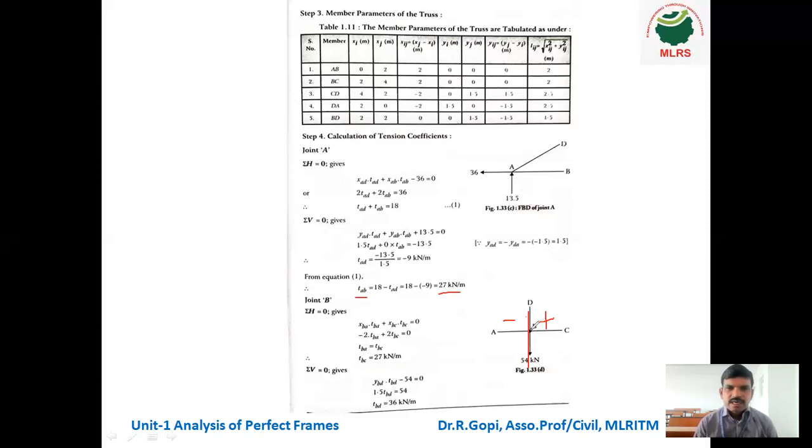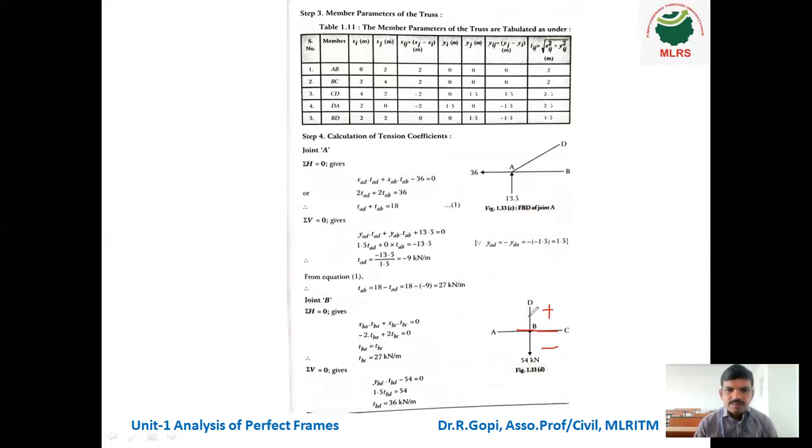So one is YBD, TBD. You can see here, this is plus and this is minus. So YBD, TBD. Next one, point load is acting. It is acting downward. So minus 54 equal to 0. Okay.